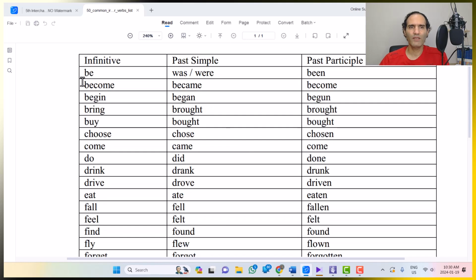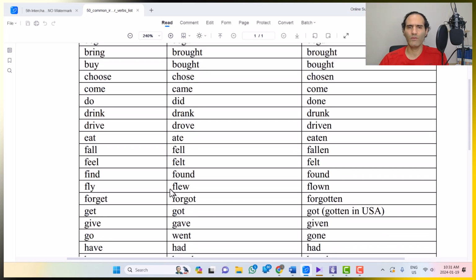It says be, is, are, was, were. Become, became. Begin, began. Bring, brought. Buy, bought. Choose, chose. Come, came. Do, did. Drink, drank. Drive, drove.